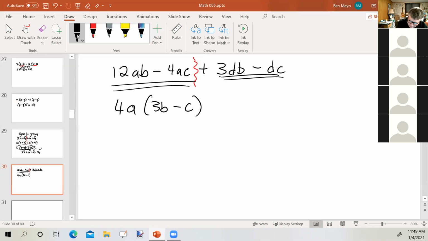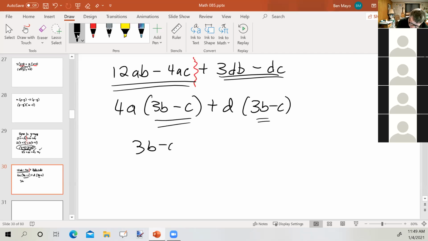The greatest common factor here is d, with a 3b minus c left over. Oh, and I need a plus sign there, don't I, to make it work? Well, let's see then. Now the greatest common factor would be 3b minus c, and the leftovers 4a plus d. Any questions there?